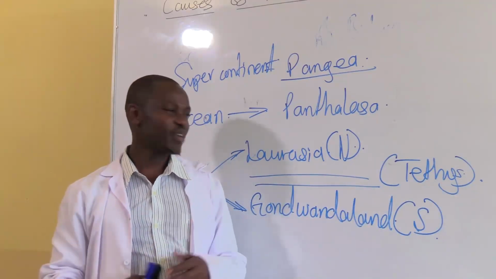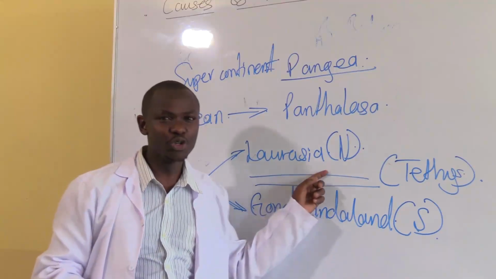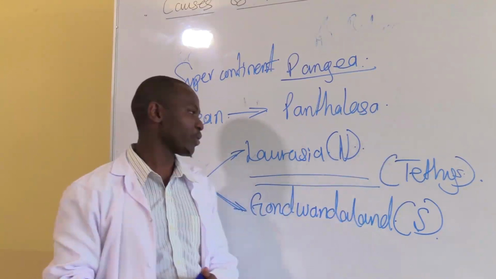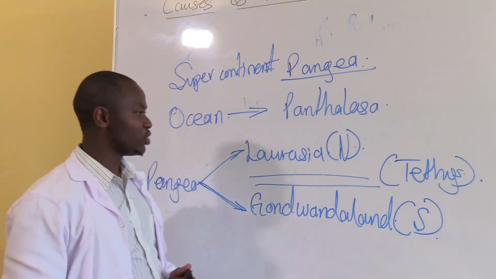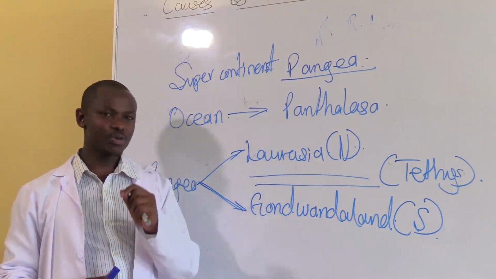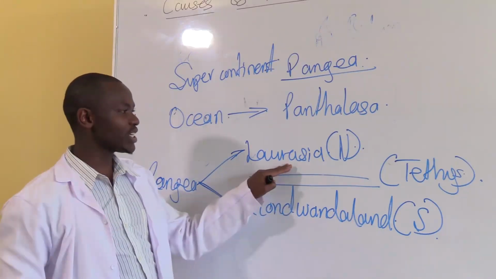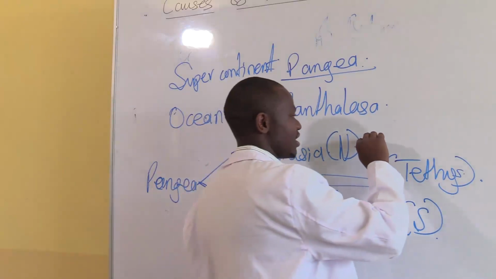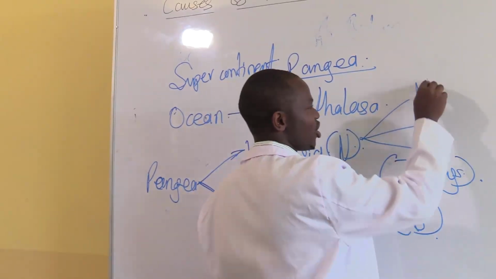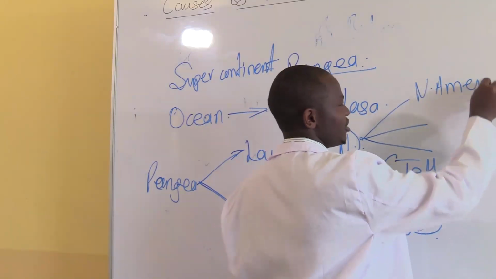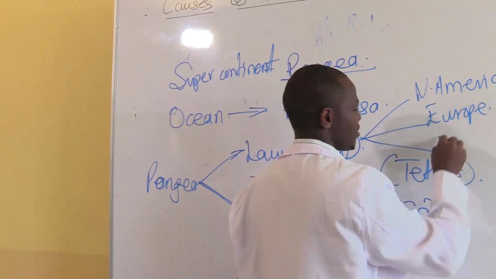And we all know the Mediterranean Sea is separating the African plate and the Europe and Asia plates, or the Eurasian plates. Then Alfred Wegener continued to argue that due to the same forces, the tectonic forces and gravitational force, Laurasia now split into the modern northern continents, which are North America, Europe, and Asia.